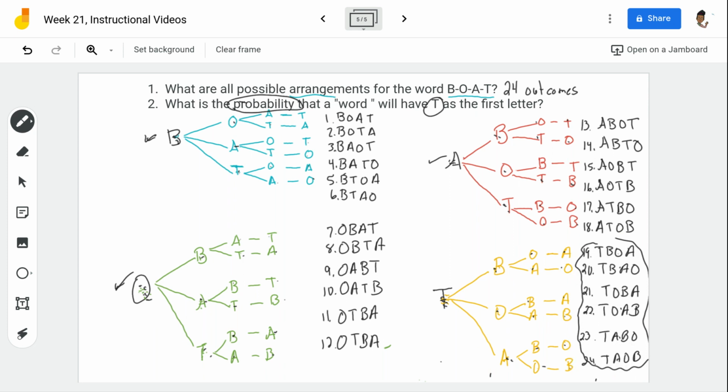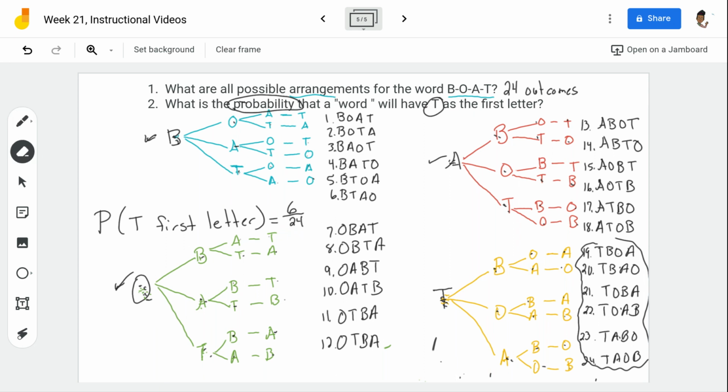So the probability of T as the first letter equals, we have 6 that start with the letter T, and remember we had 24 outcomes.